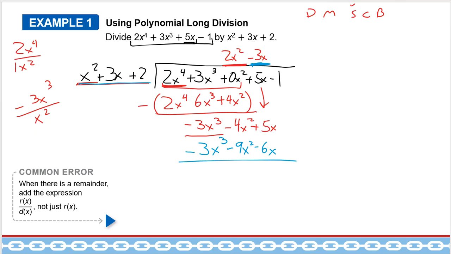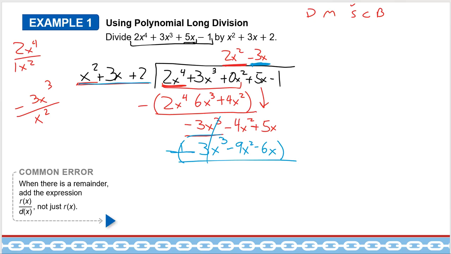And now I am ready to subtract. Negative 3x to the third minus a negative 3x to the third. Well, these two negatives here are going to cancel and make a positive, which is going to cancel these terms.